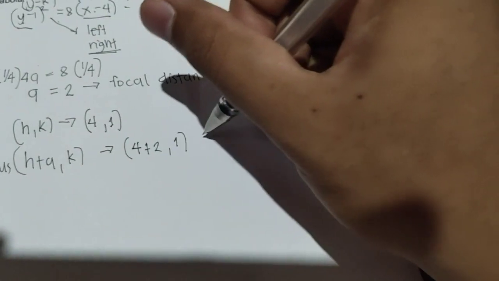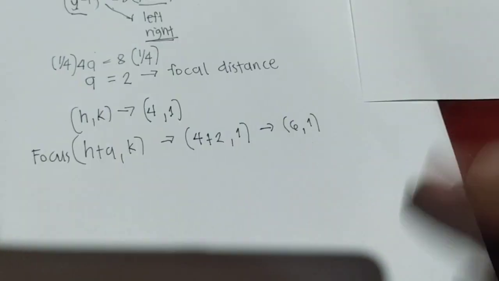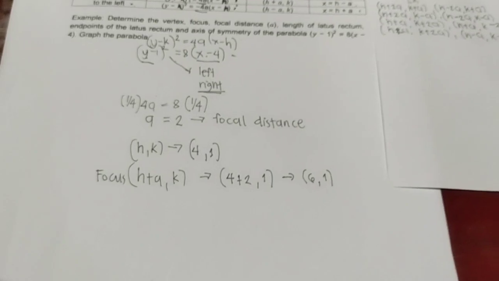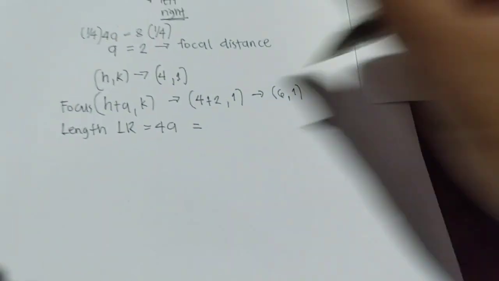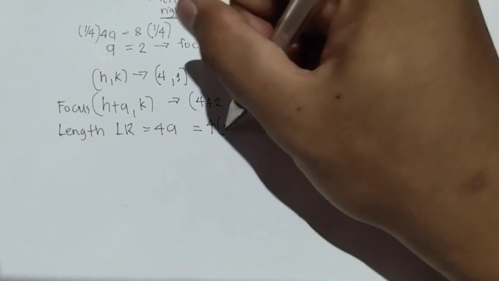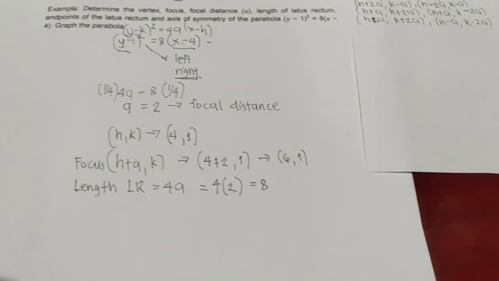Therefore, the focus of the parabola is (6, 1). Next, the length of latus rectum is equal to 4a, or 4 times 2, which is our a, which is equal to 8.